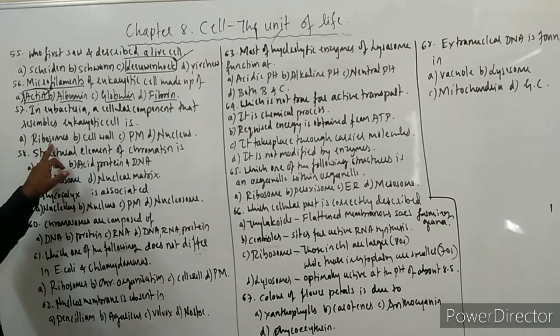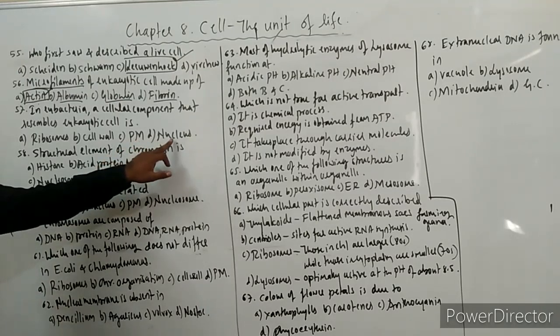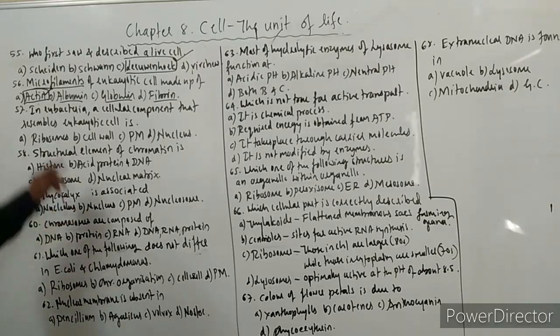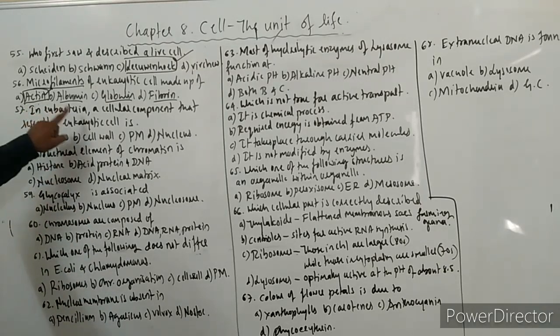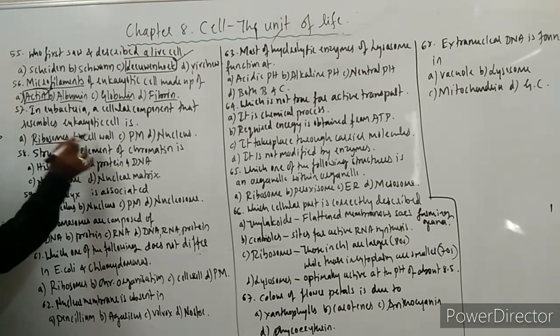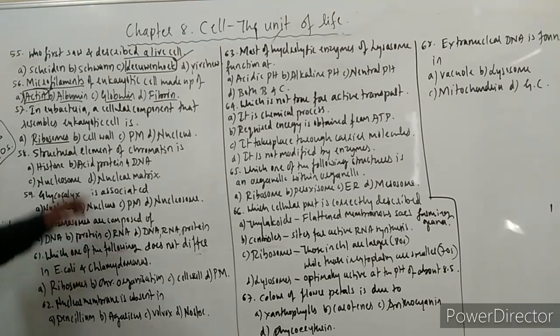See the options: ribosomes, cell wall, plasma membrane, as well as nucleus. In all these options, how does eubacteria resemble the eukaryotic cell? Bacteria have ribosomes, of course, but bacteria have 70S ribosomes, whereas the eukaryotic cell has 80S ribosomes. That's why it is not the correct answer for this question.